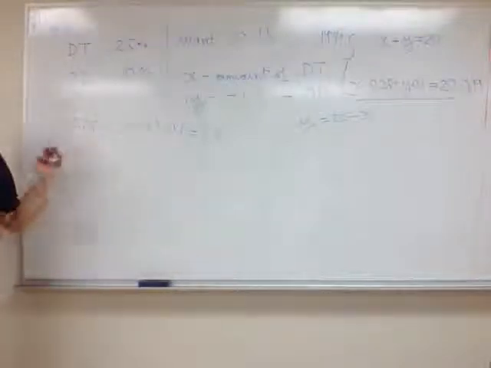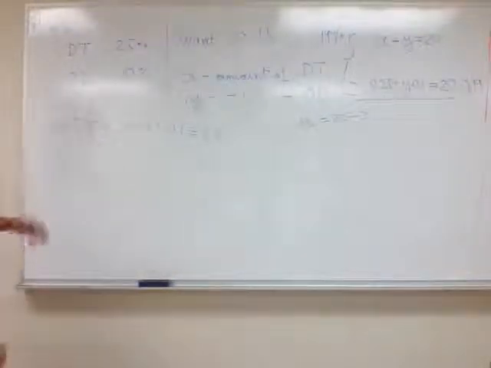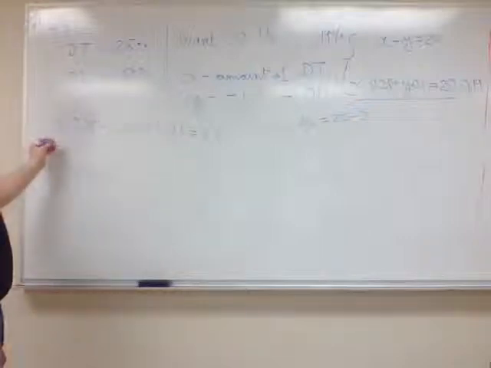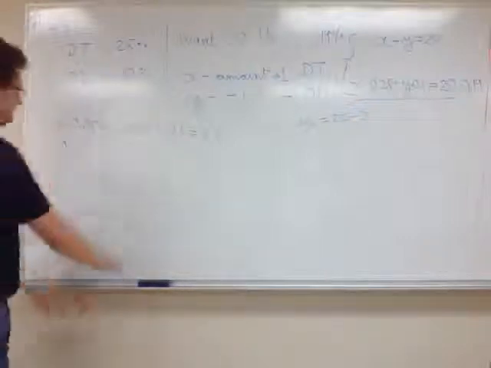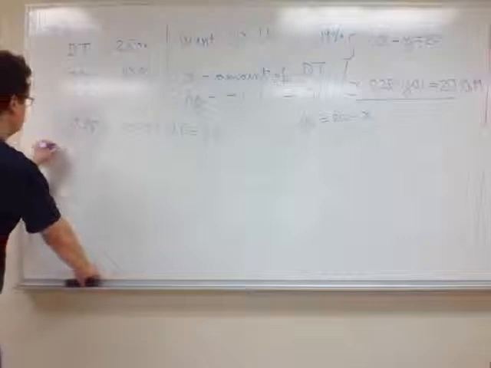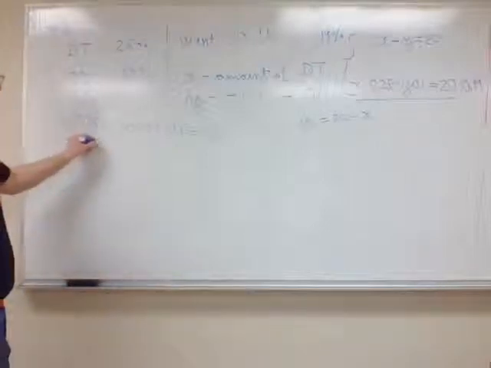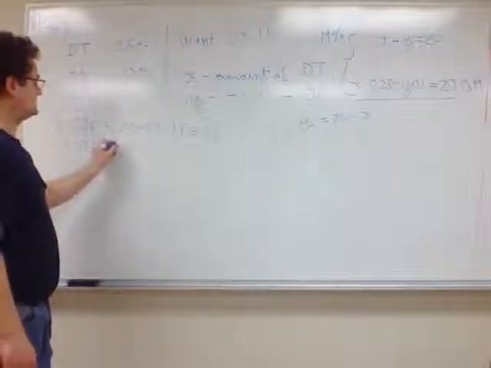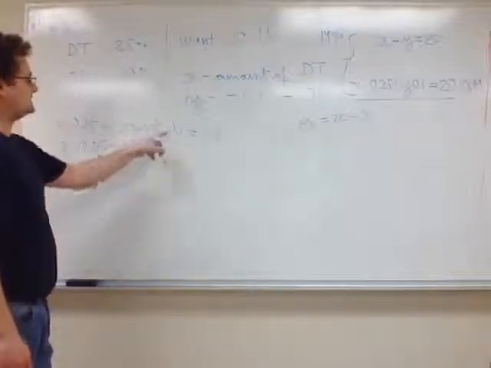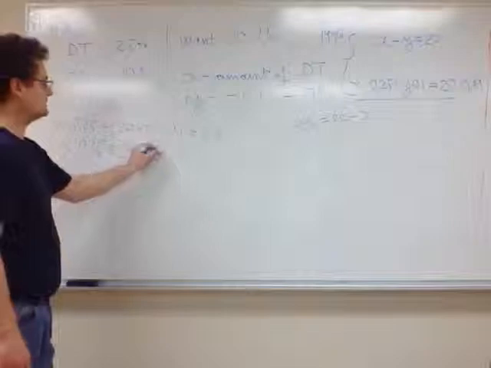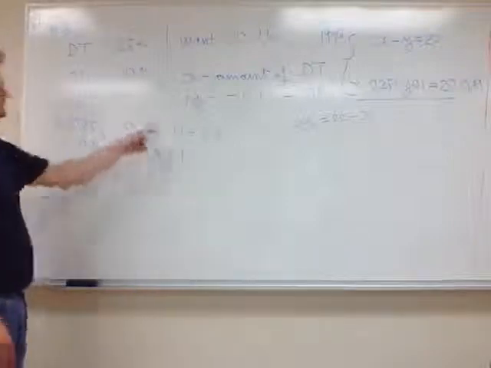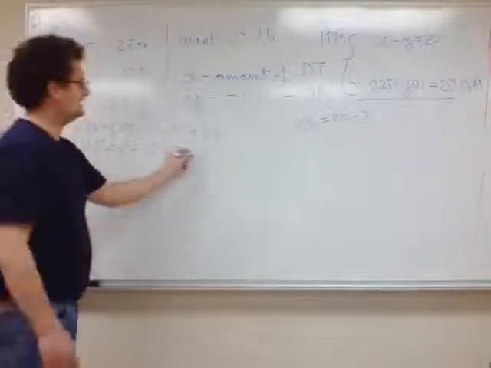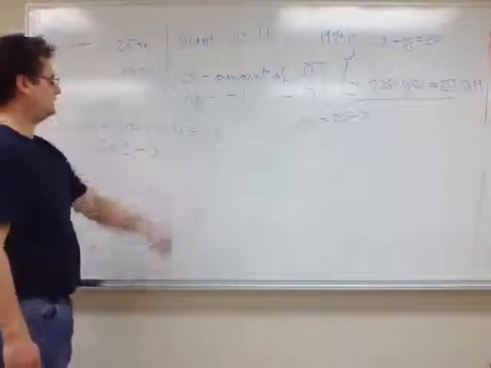We want to find what X is, so we distribute this. So we have X times 0.25 plus 20 times 0.1, so that's 2, minus X times 0.1. So we distribute this, and that should be 3.8.